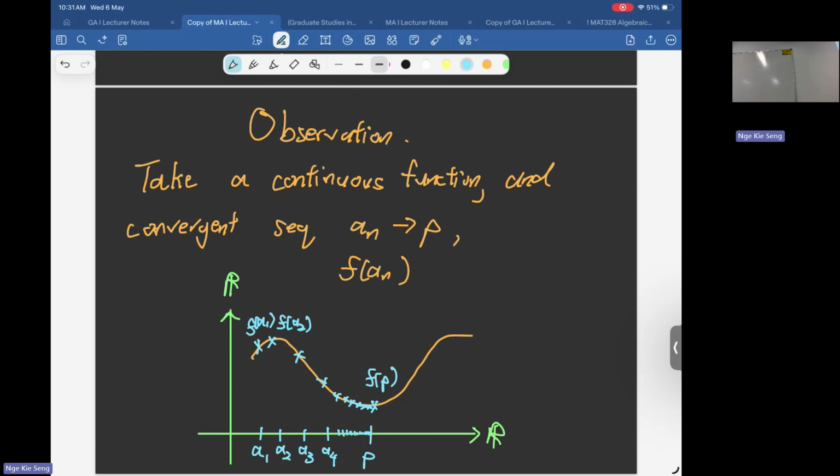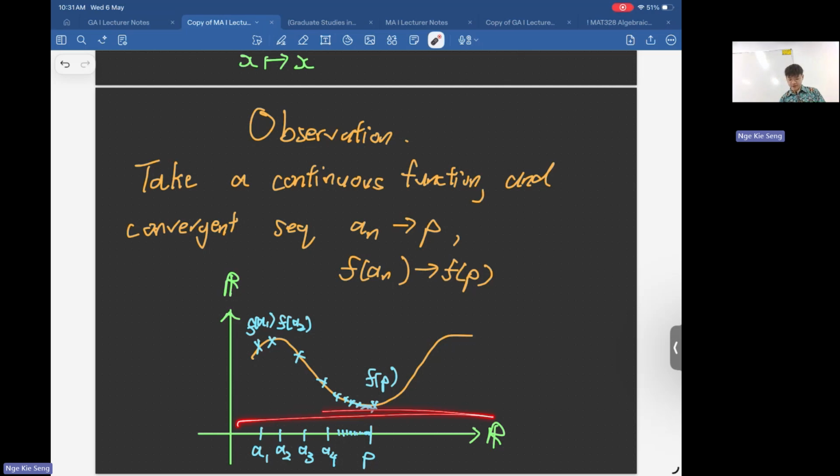But did you see that F(An) converges to F(P)? Again, F(An) converges to F(P). In fact, this is true for any continuous function and any convergent sequence.